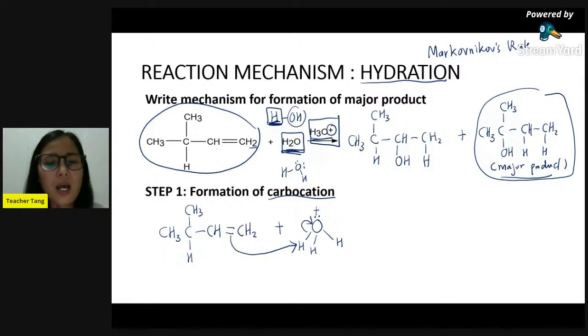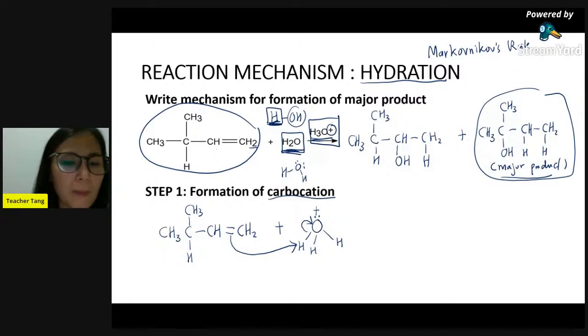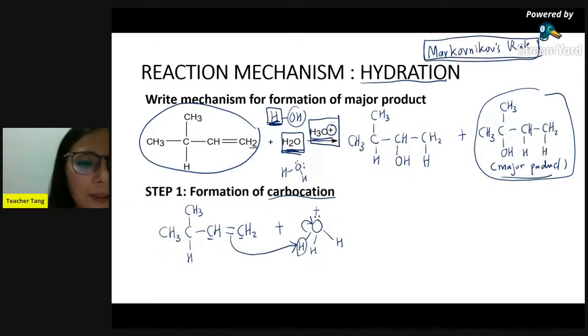Okay, so now mana satu carbon akan dapat this hydrogen according to Markovnikov rules. According to Markovnikov rule, carbon yang mempunyai lebih banyak hydrogen akan dapat hydrogen ini. Okay, so because of that, so your intermediate you will get.